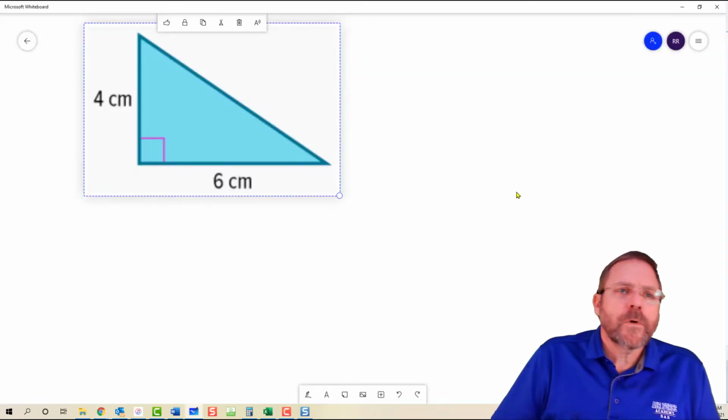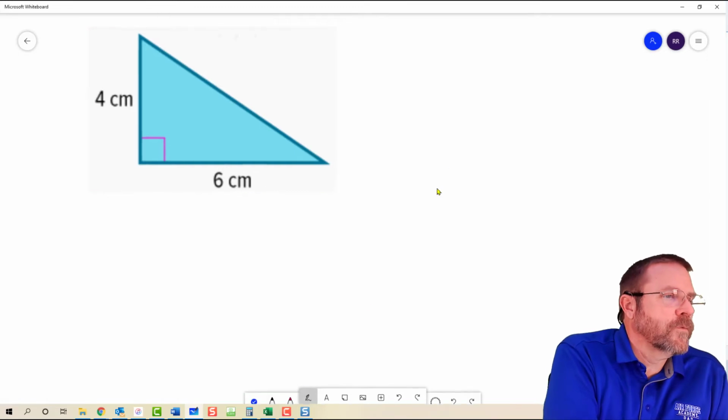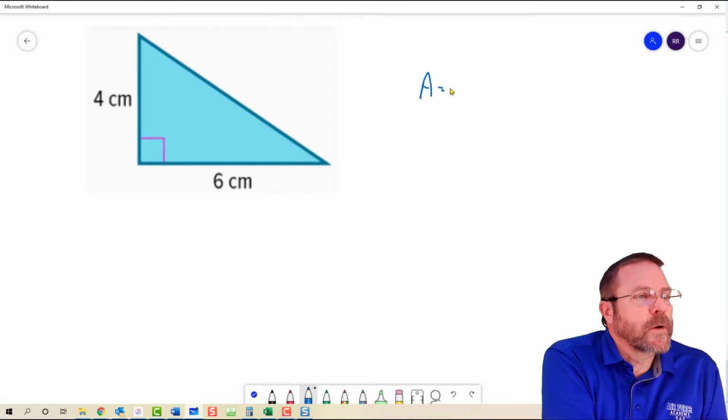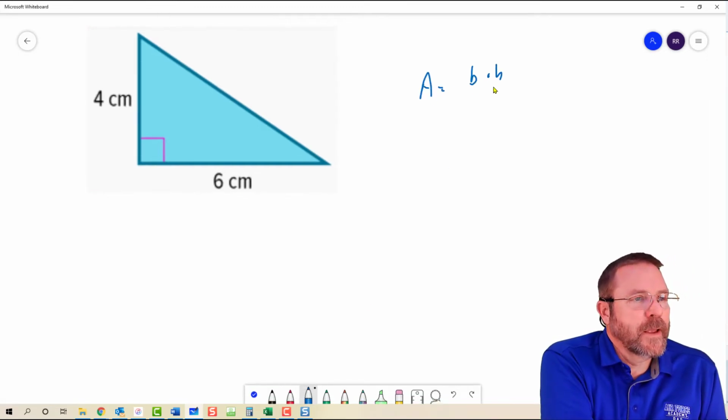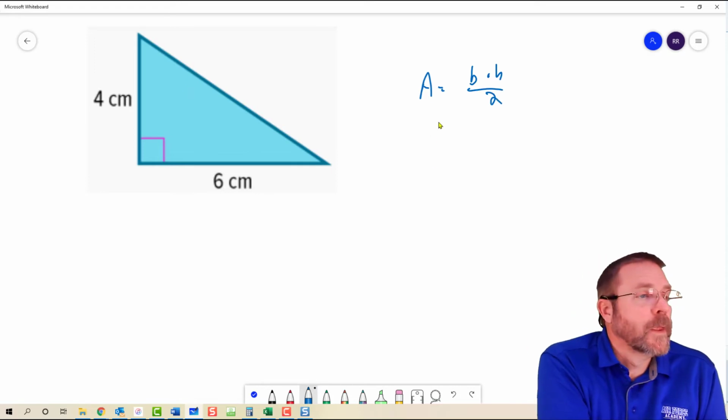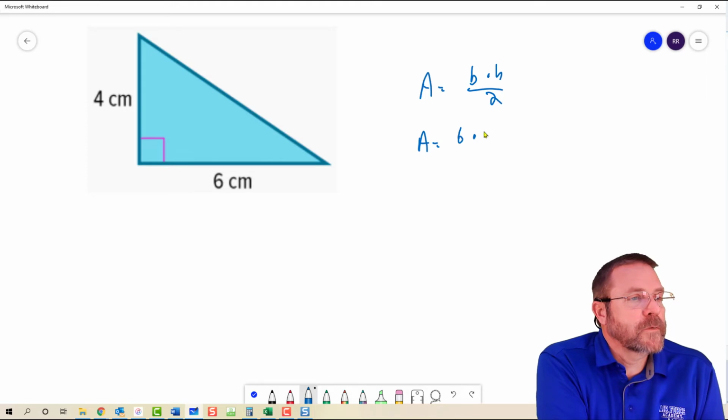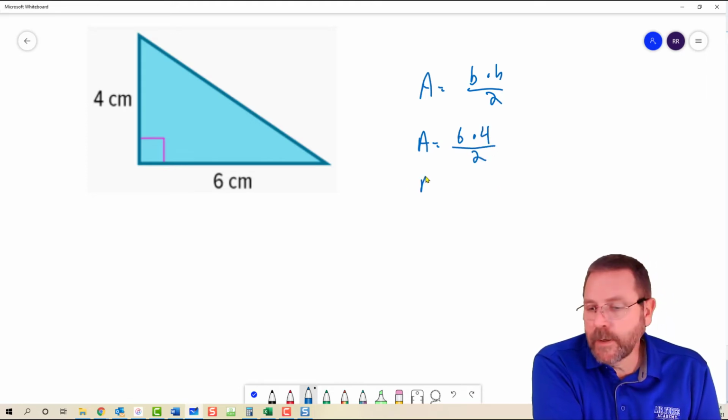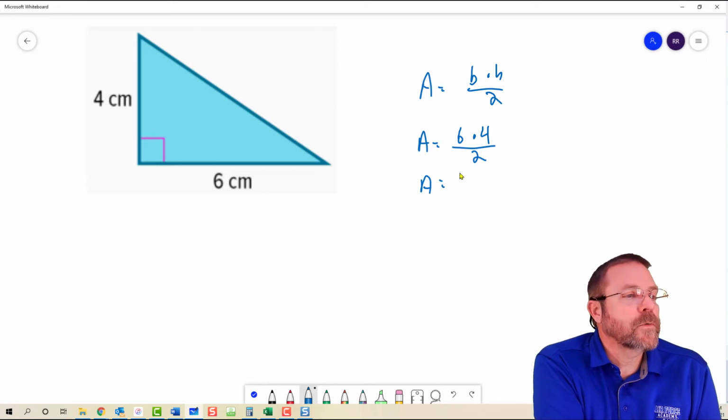Now if it was me working this problem, I would have used a different formula. I would have used area is equal to base times height divided by 2. From there I would have said area is equal to the base is 6, the height is 4, divided by 2. And then I would say from there, area is equal to, well, 6 times 4, that's going to become 24 divided by 2, which is going to equal 12.